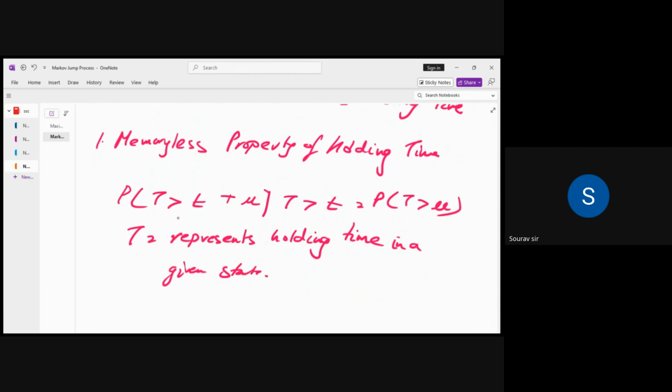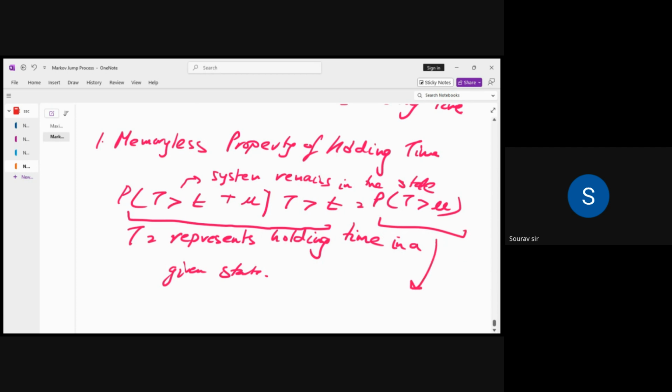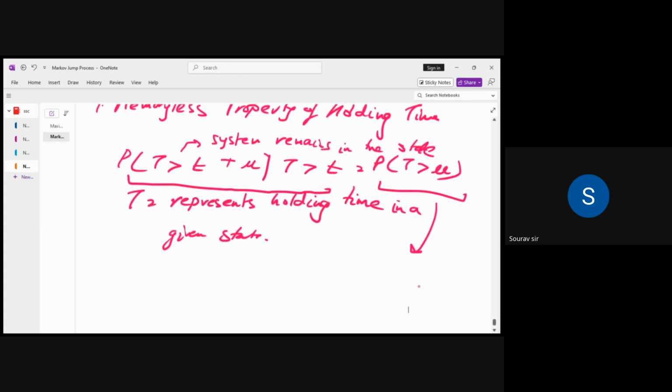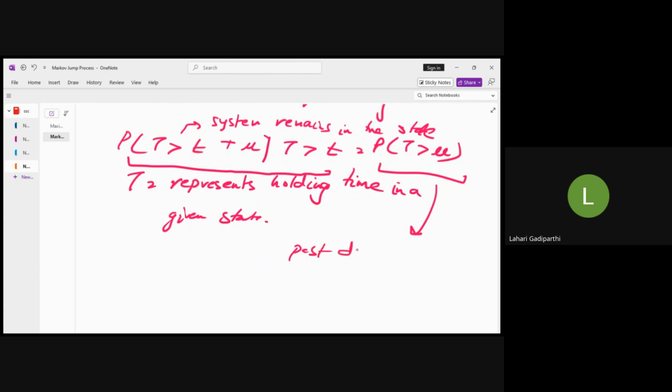And what is this equation representing? T greater than t states the probability that the system remains in the state for an additional time, given that it has already remained for time t. And this is identical to the right hand side, meaning the past duration does not affect future probability.